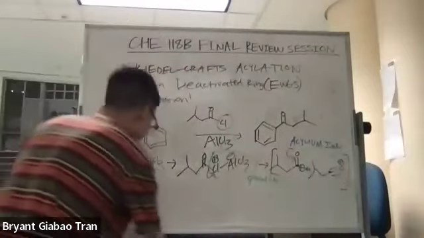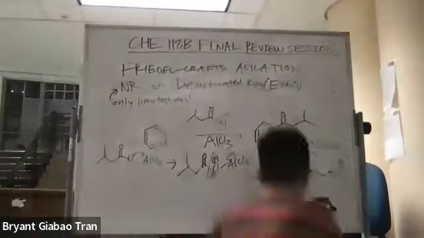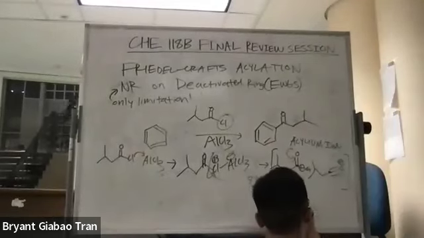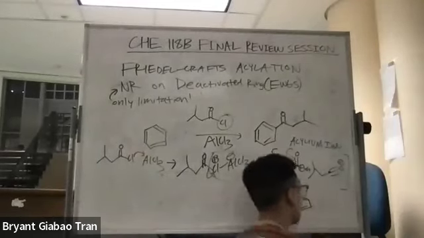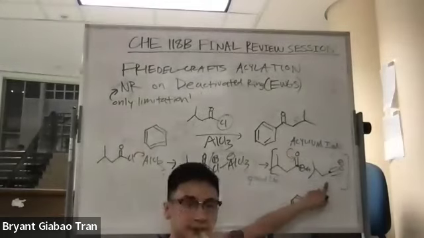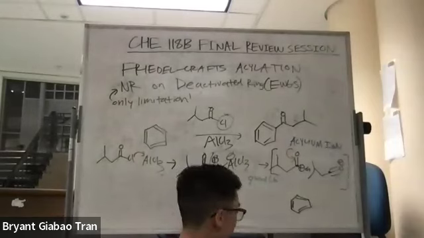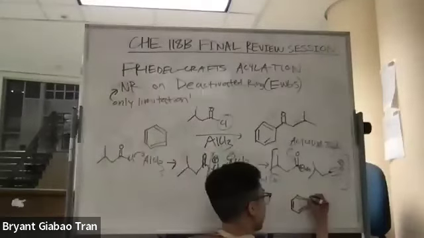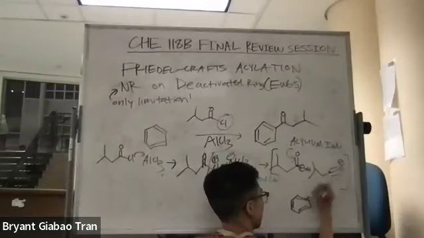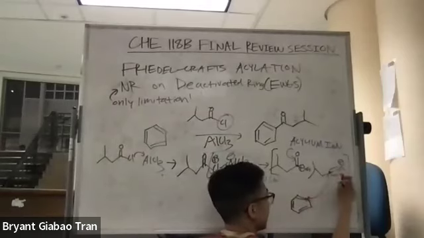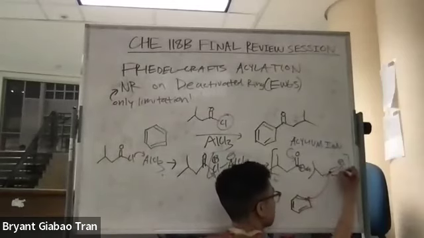So let's draw in that benzene ring here. I'm going to use this form because it's the more major, more stable form. This is my nucleophile, and this is my electrophile. The nucleophile attacks the electrophile, and then we shift this bond onto that oxygen.